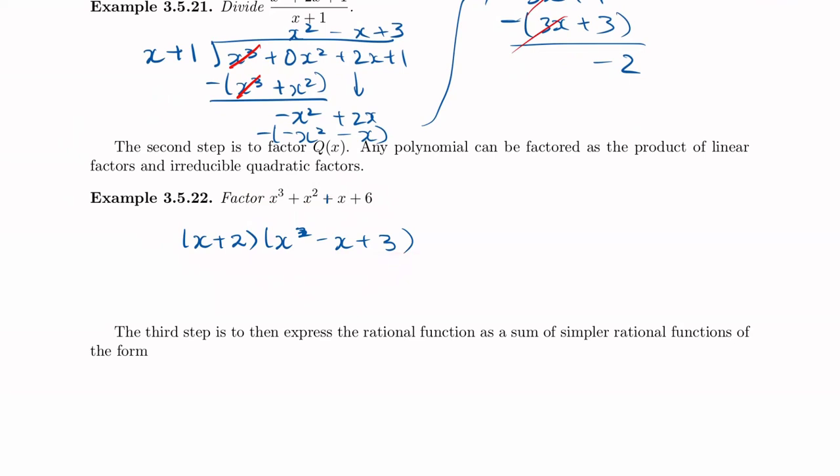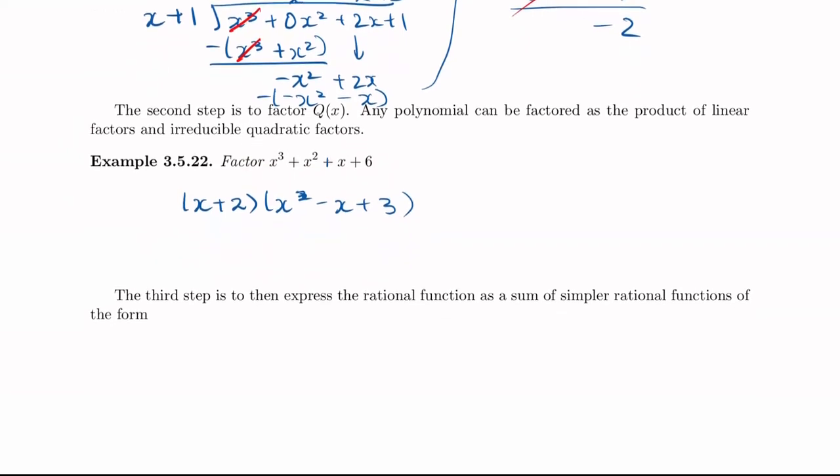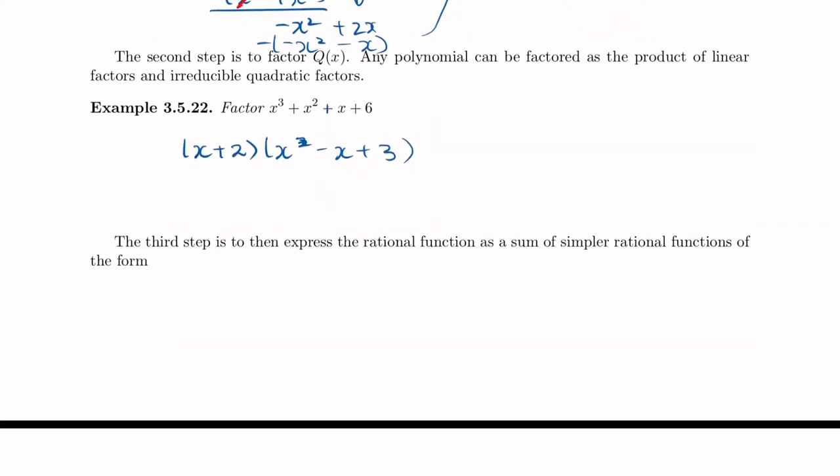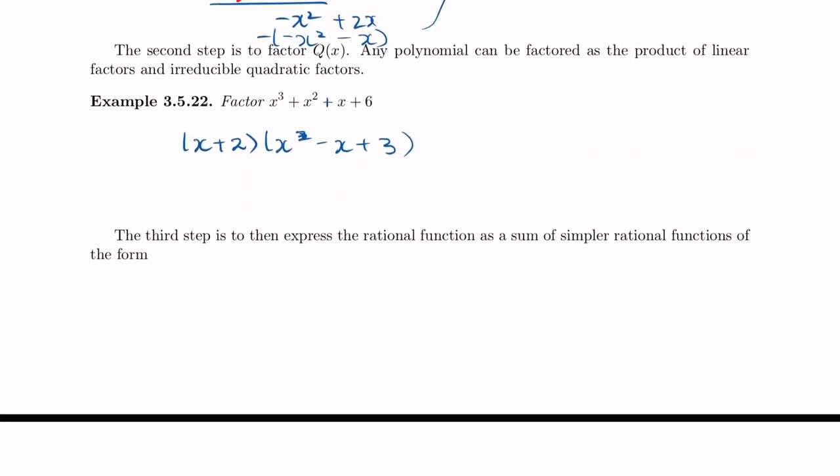And then the third step is to express the rational function as a sum of simpler rational functions, so of the form p of x divided by q of x. So if this is the rational function, then I could write this as f of x divided by g of x plus h of x divided by k of x, and maybe so on.